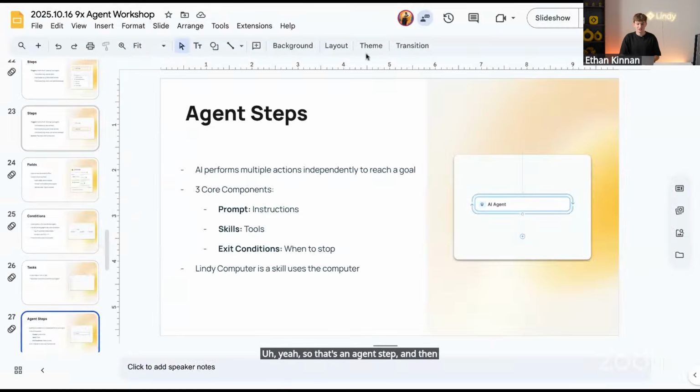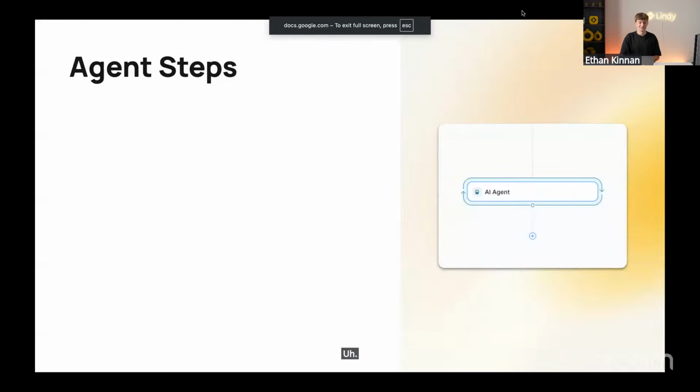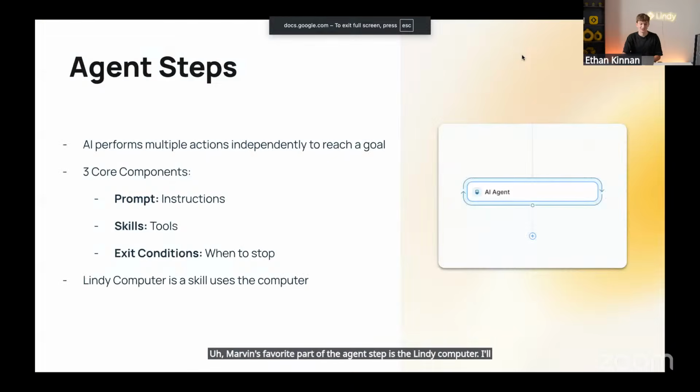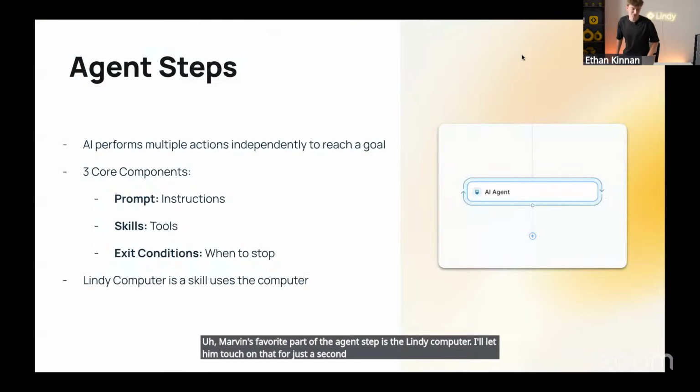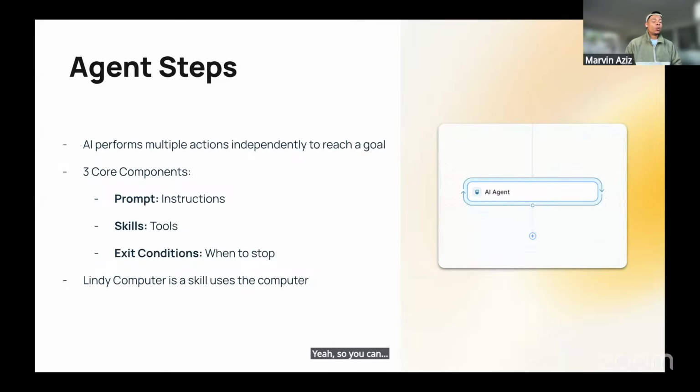And then Marvin's favorite part of the agent step is the Lindy computer. I'll let him touch on that for just a second while I close the door real quick. Yeah. So once we actually launched Lindy Computer at Lindy, we didn't expect it to be so powerful, right?